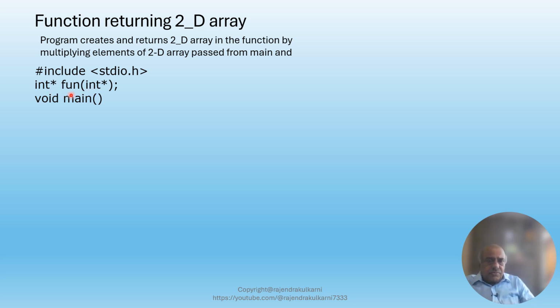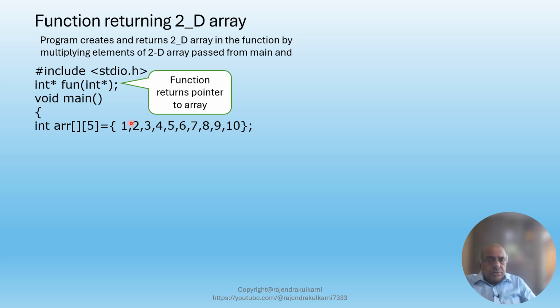To this function fun we will be passing a pointer of type int, which we will be using for passing the address of the base element of the 2D array from main. So this fun returns the pointer to the array.